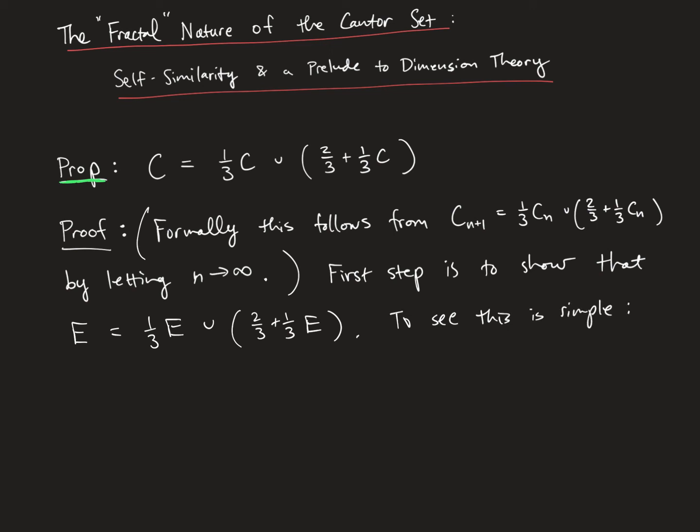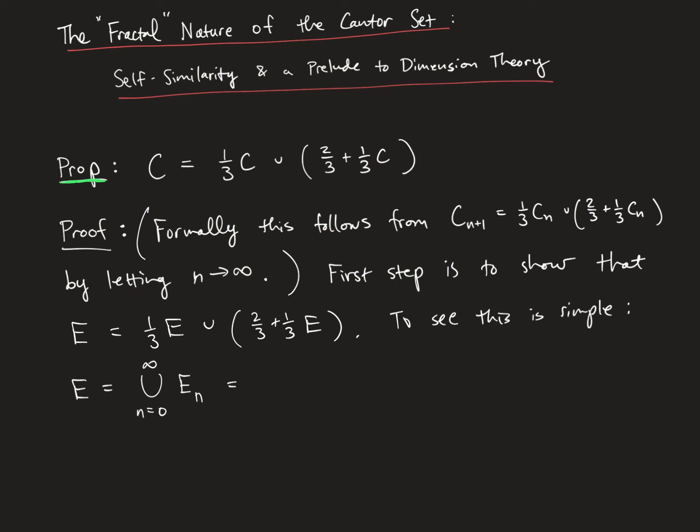To see this is actually simple. C here is an intersection of these C_n's, and the intersection doesn't work so well with the union. But the E's, remember, were defined so that E itself is a union of all of the E_n's. So E is the union from n equals 0 to infinity of E_n.